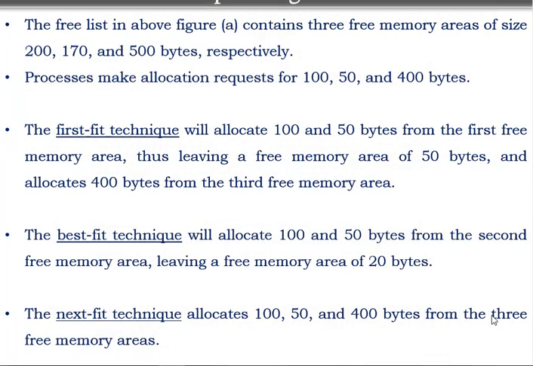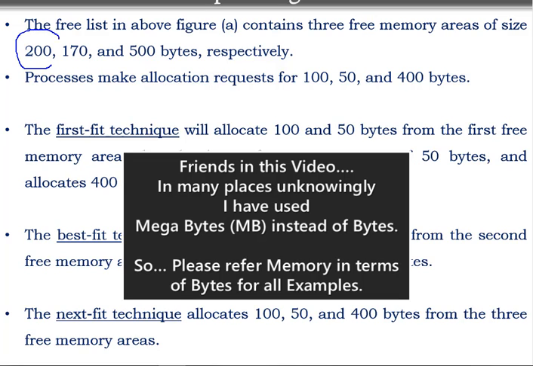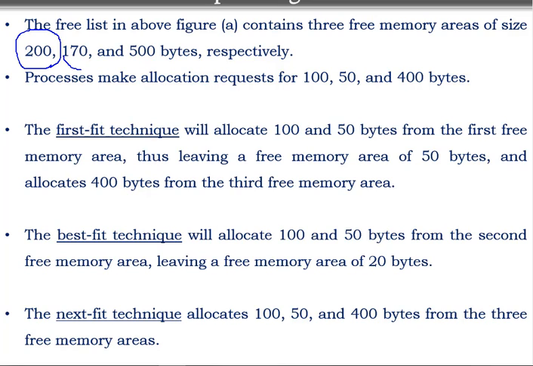Before going to the actual problem, let's see the problem we're going to discuss in this example. We have three free blocks of memory. The first is a 200 MB block, the second free block is 170 MB and the third free block is 500 MB. Now suppose that three new processes have arrived.